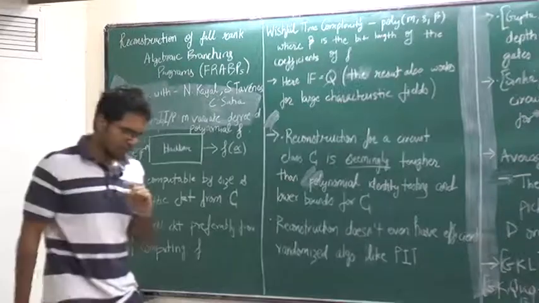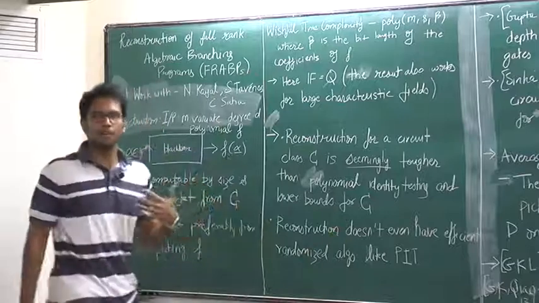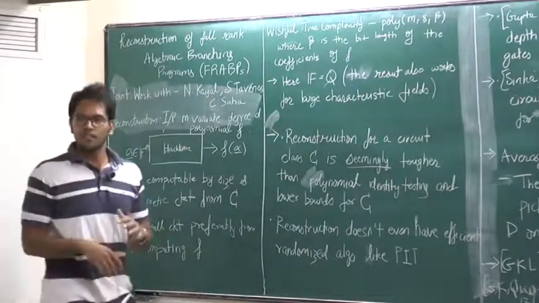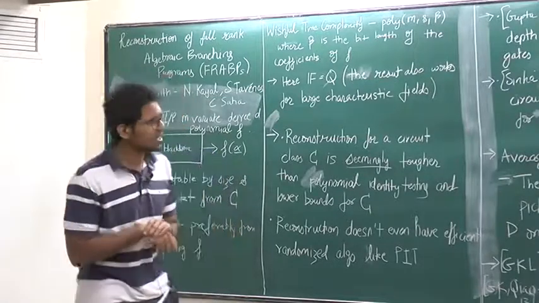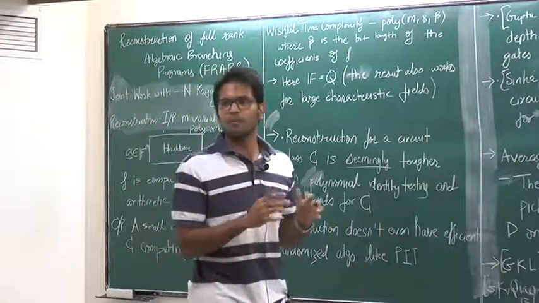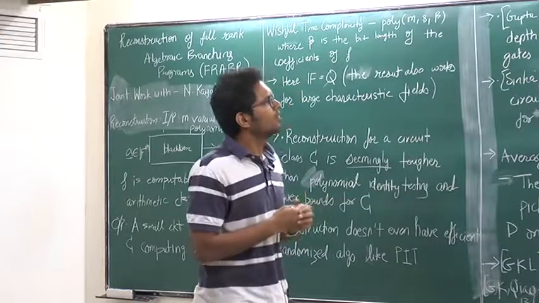What's important to note is that even though polynomial identity testing has an efficient randomized algorithm, reconstruction in general doesn't, at least as far as we know. So even efficient randomized algorithms for reconstruction are wishful.